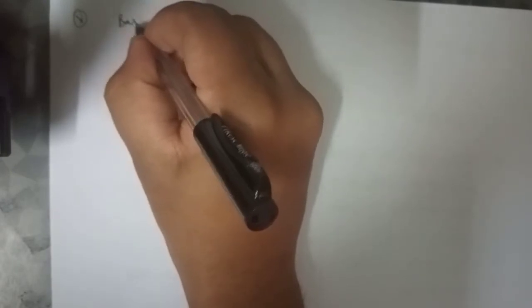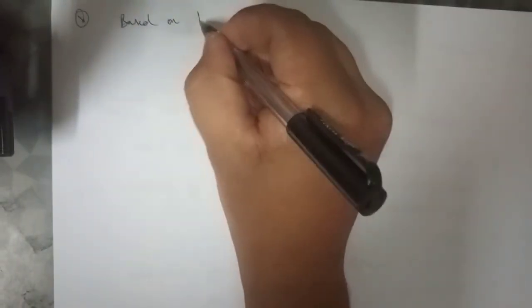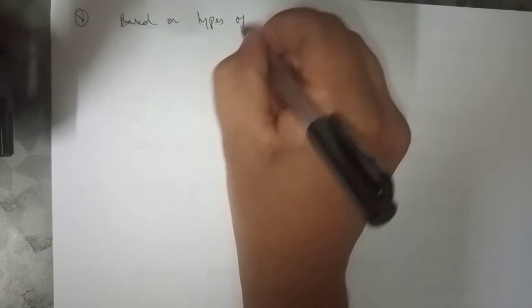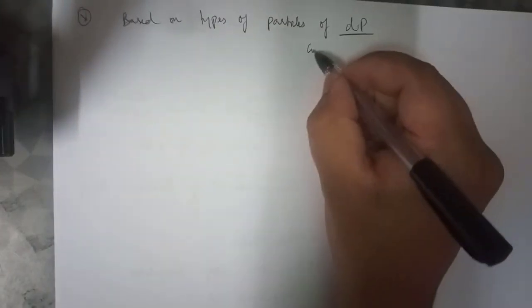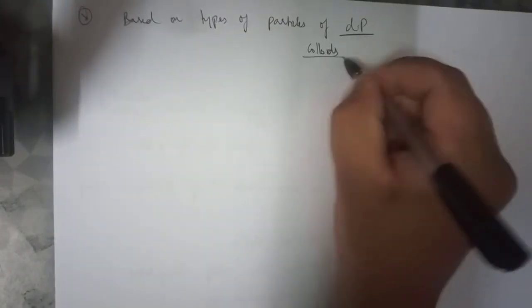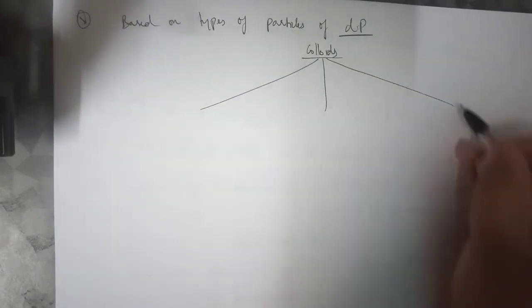the classification depending upon the types of particles of the DP. According to this, the colloids can be categorized into three ways.